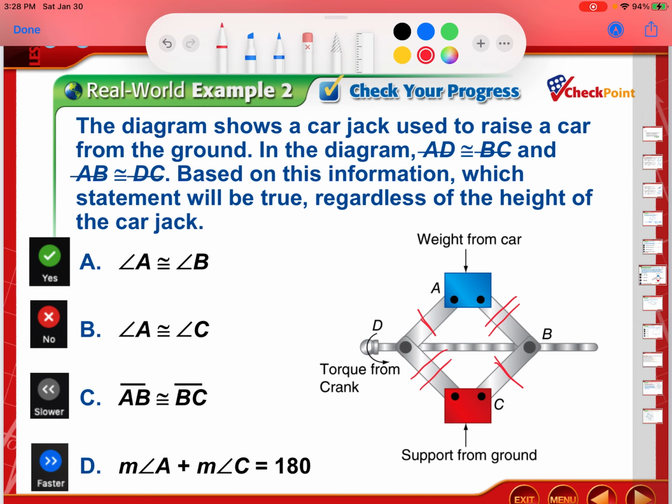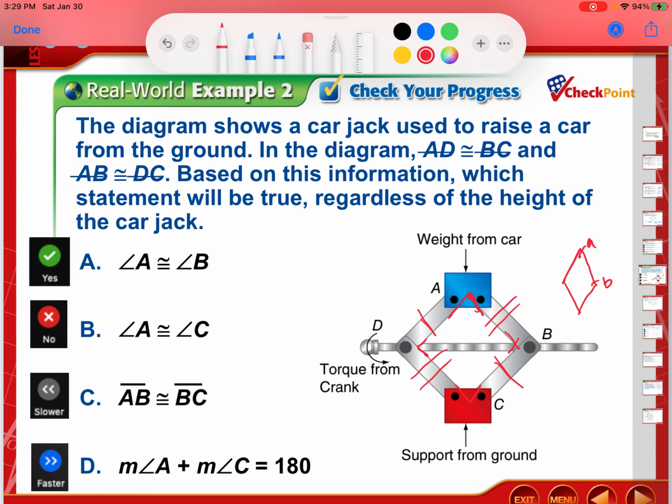Sorry, I should start at the top. Angle A, so I'm assuming they mean like this right here. We're going to pretend that it's squared off at all of these. Angle A is congruent to angle B. That wouldn't necessarily be true, because if the jack was straight up, it would look like this, and then angle A wouldn't be the same as angle B. Angle A and angle C are congruent.